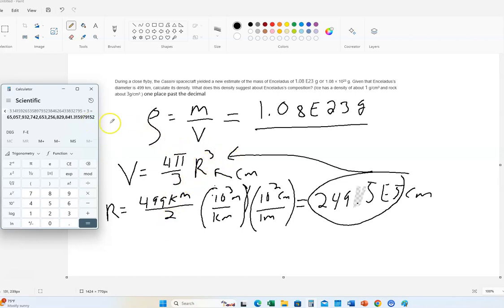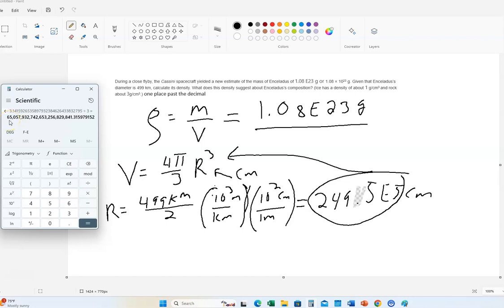So the volume here, let me see if I can figure this out. I really hate this calculator, I know I've said that before. Let's see, there's 6, 12, 15, 18, 21.